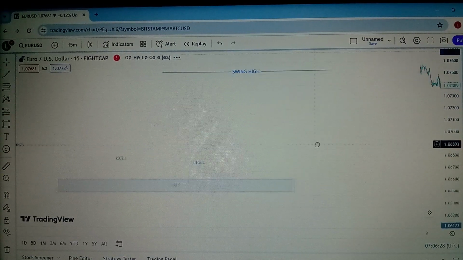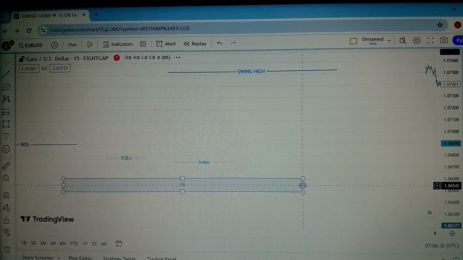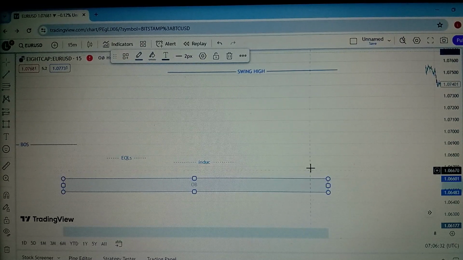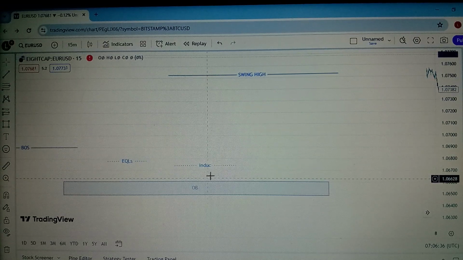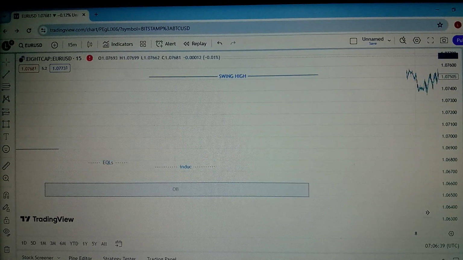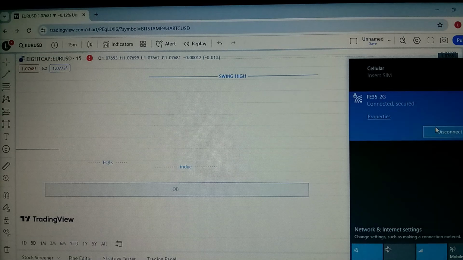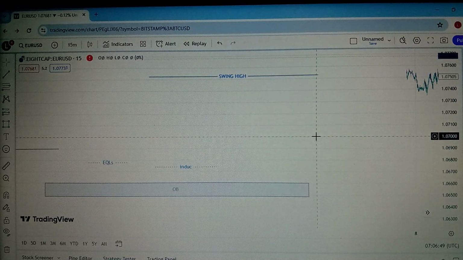And guys, we're on the 15-minute time frame. We tapped into a 4-hour POI, or 4-hour demand level. We've taken out these equal lows and this inducement level right here, and I'll be looking to buy the market.